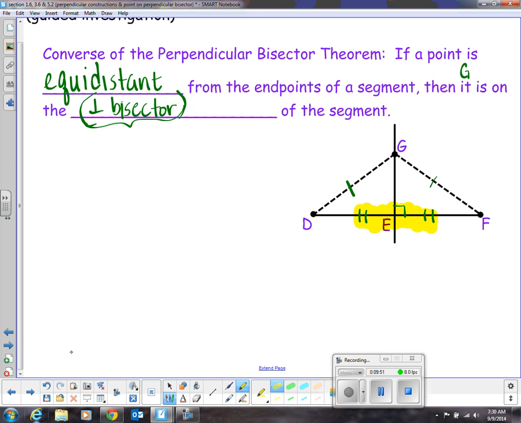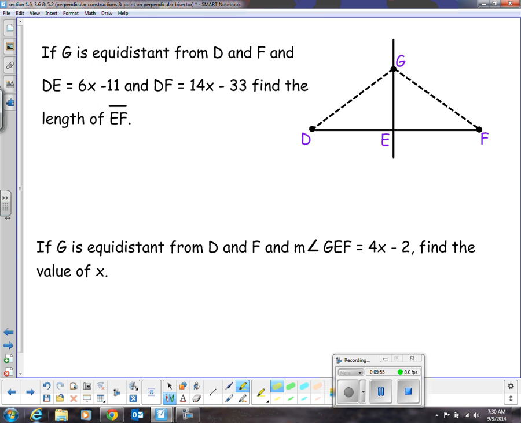All right, so if I look to the next slide, if I tell you G is equidistant from D and F, meaning this is congruent to this, before we go any further, what can you conclude about these two lines, Eric? If you know this segment equals this segment, what can you conclude about those two lines? This is what we're given. What do we know about this angle?